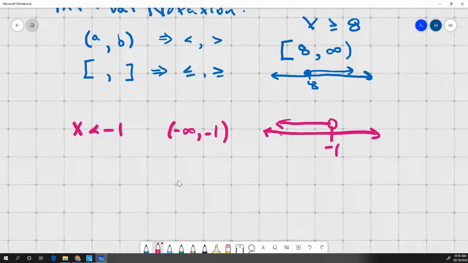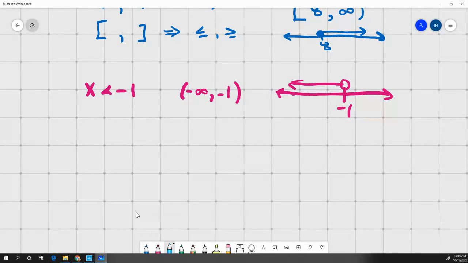We had one other rule that was a little different from equations, right?